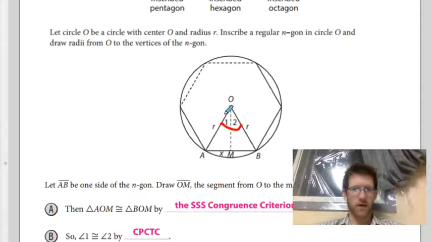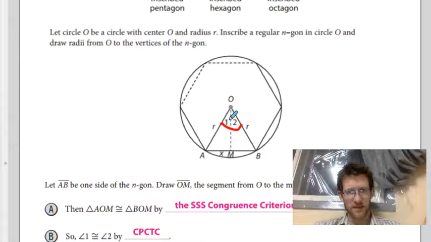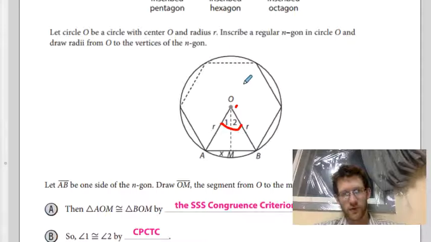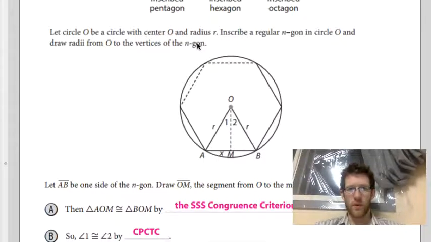A lot of people just say, oh, it's 60, because I take 360, and I know there's going to be 6 of these in this hexagon, so 360 divided by 6 is 60, which is true, but remember, we want a general form. We want an answer that can apply to a pentagon and a hexagon and an octagon and a decagon and everything else. So what would it be if it was an n-gon? When we got 60, we took the 360 and divided it by 6.